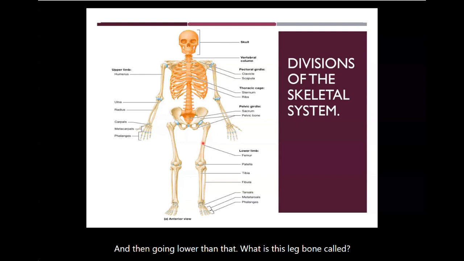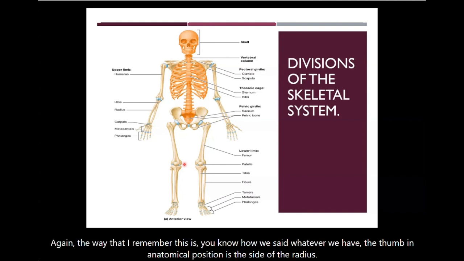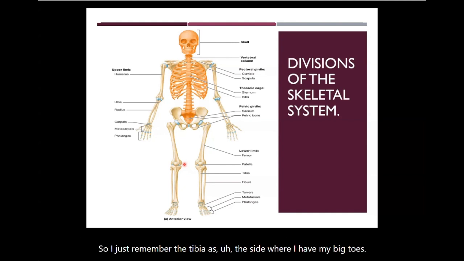And then going lower, what is this leg bone called? Femur. The knee is the patella. And then what do we have here? The tibia and fibula. Tibia and fibula might be confusing, like the radius and the ulna. The way I remember it: whatever side has the thumb in anatomical position is the radius, so I remember the tibia as the side where I have my big toe.